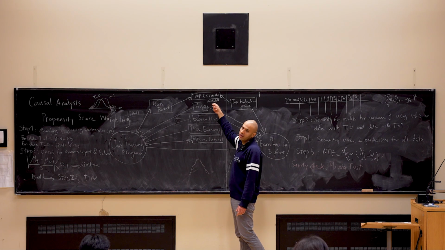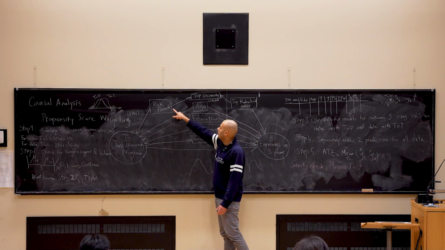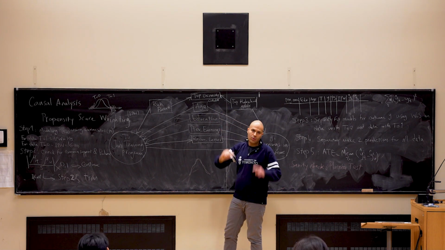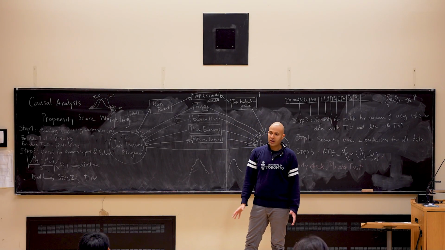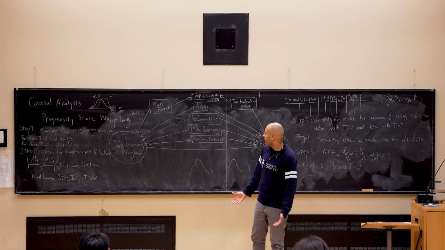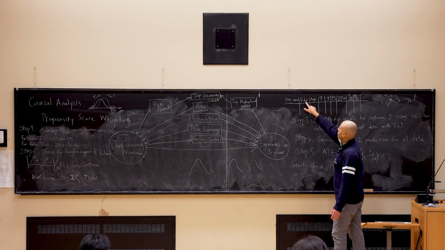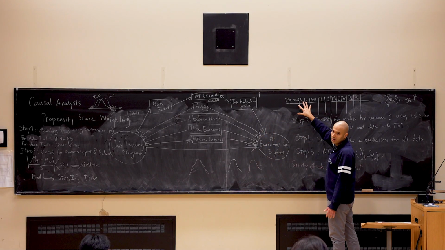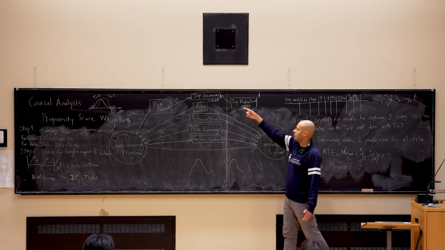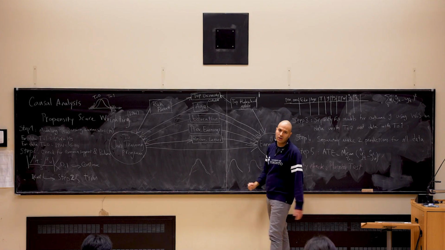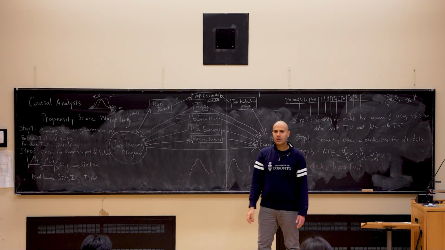Why? Because of a collider. A collider is a variable to which different variables point. So the directions are very important. They change everything. They change the fact that we ended up with education, age, and previous earning here, and we did this process based on these three, and we didn't have top university or recommendation letter in our data. Other questions?